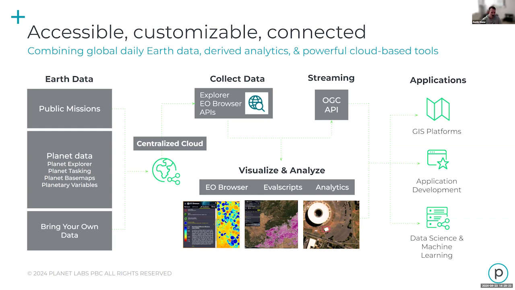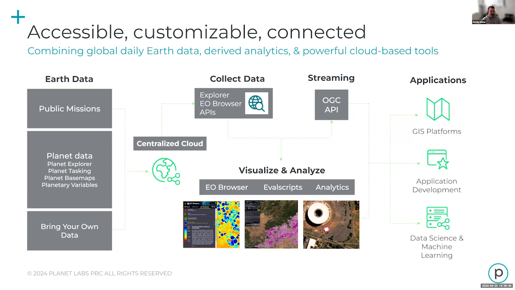And then we're also wanting to help facilitate bringing your own personal data into the platform itself. So if you have very particular information that might help train your models over this imagery, you can bring that in.